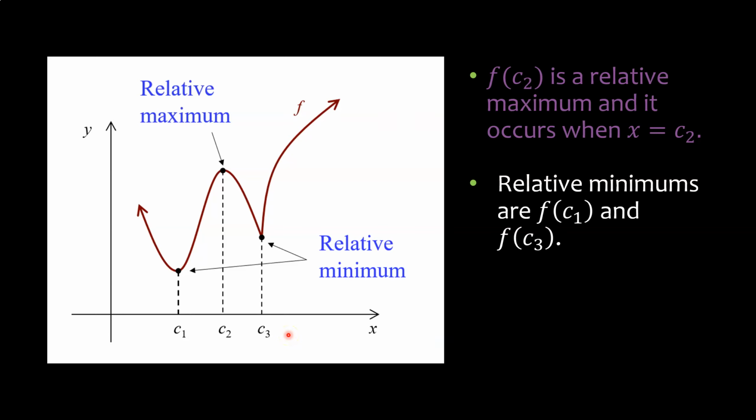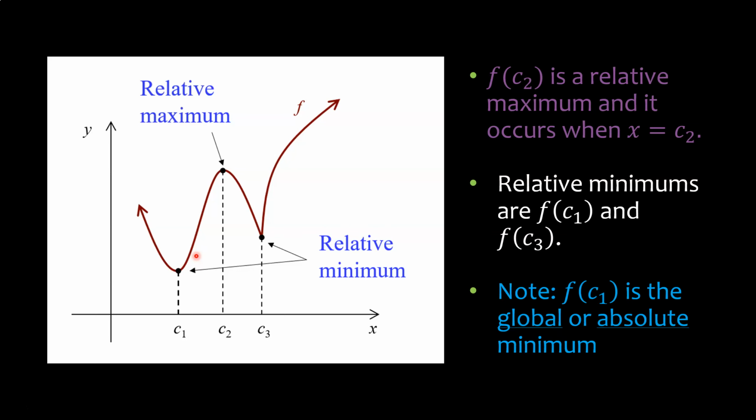And it looks like f of C1 is the absolute minimum, that's what we call that, because it's over the whole entire domain. Some people would call that the global minimum, and that works too. I kind of like calling that the absolute minimum, just so that we know that's absolutely the lowest point of the function over the whole entire domain.